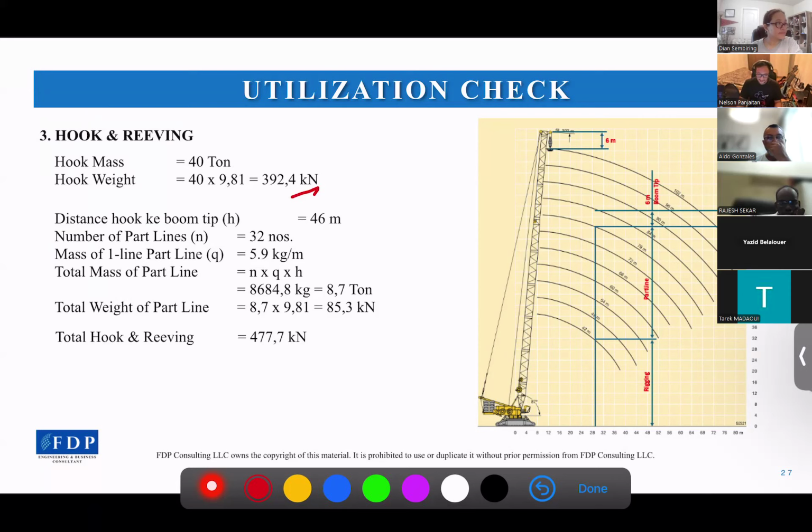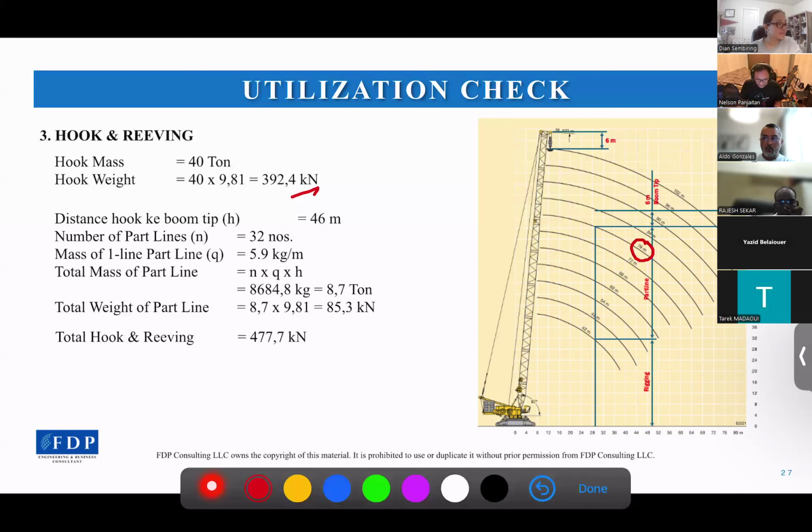And then we calculate the reeving. Since I don't have AutoCAD here, I will use this crane chart to estimate the part line length. First, we set the chart according to our crane's requirement. Boom length is 78 meters, 78 meters is here.